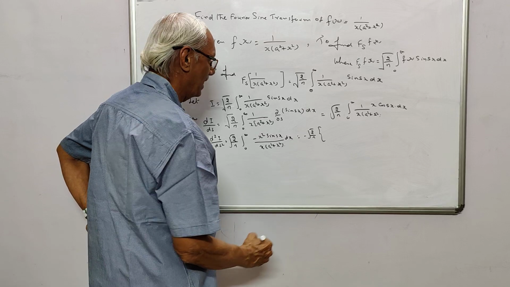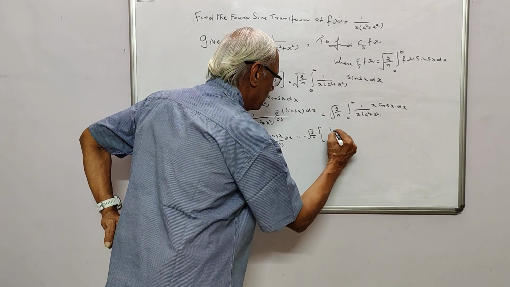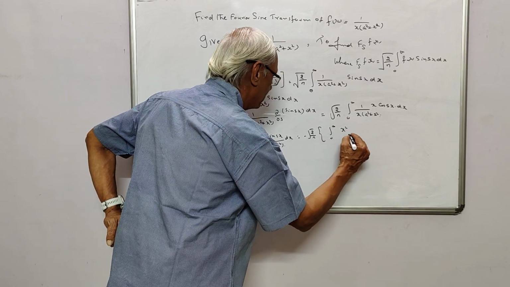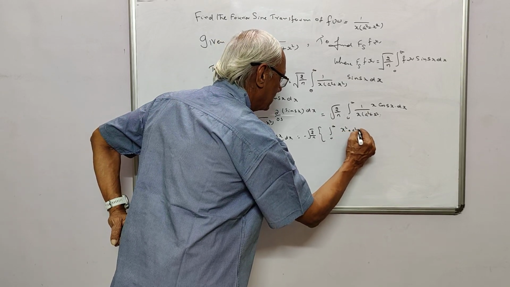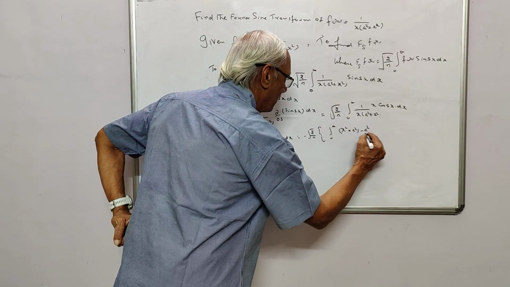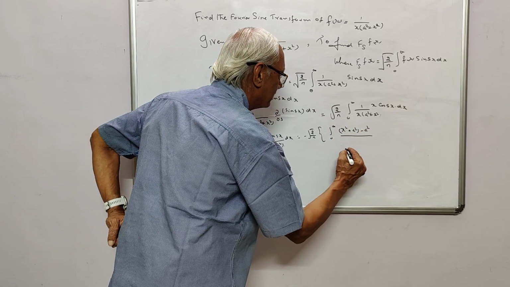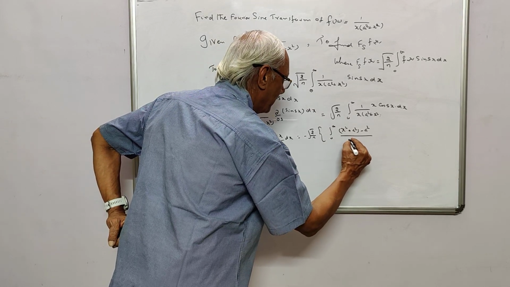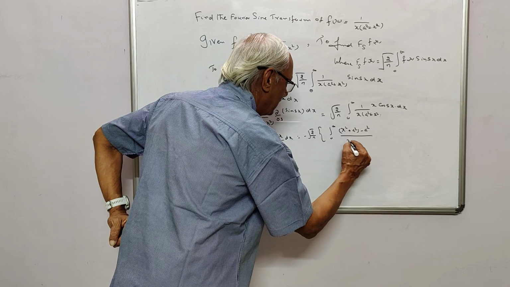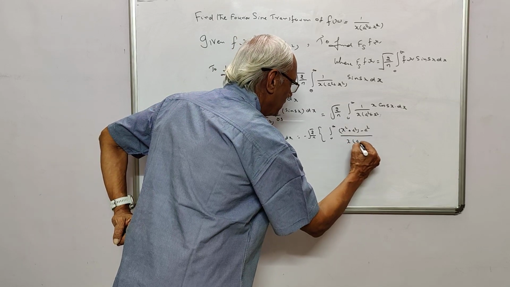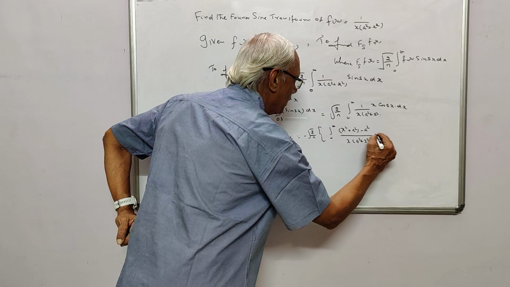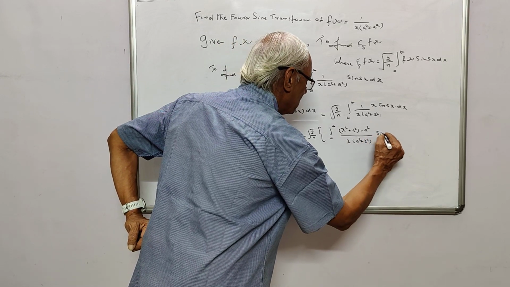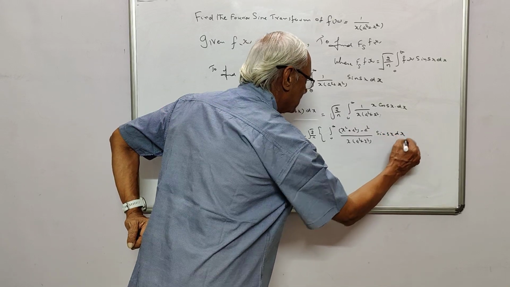Within this I can write this as integral from 0 to infinity of x squared plus a squared minus a squared, divided by x into a squared plus x squared, into sine sx dx.